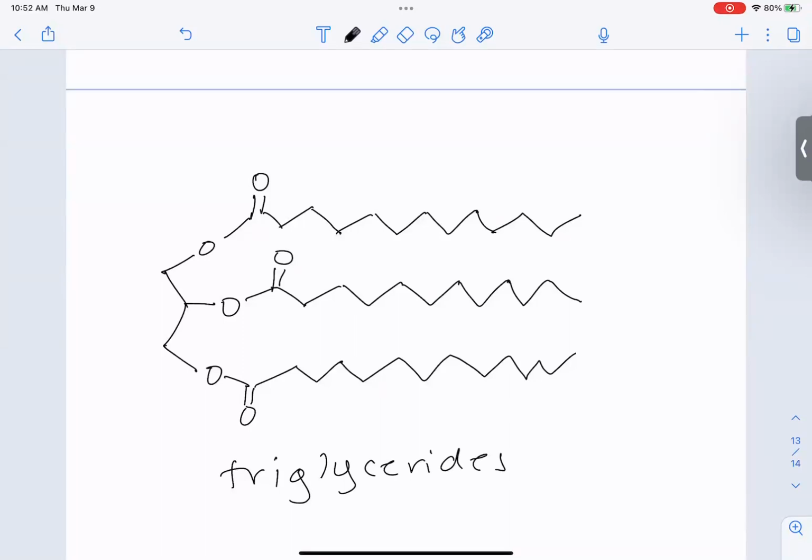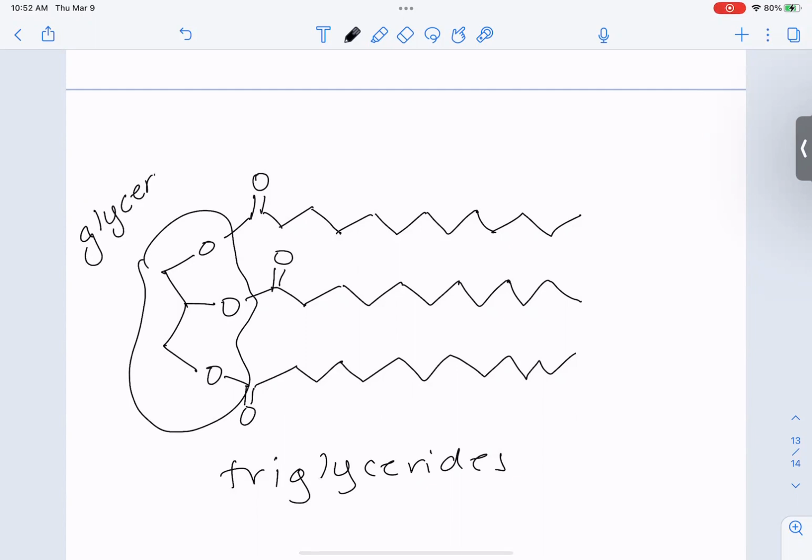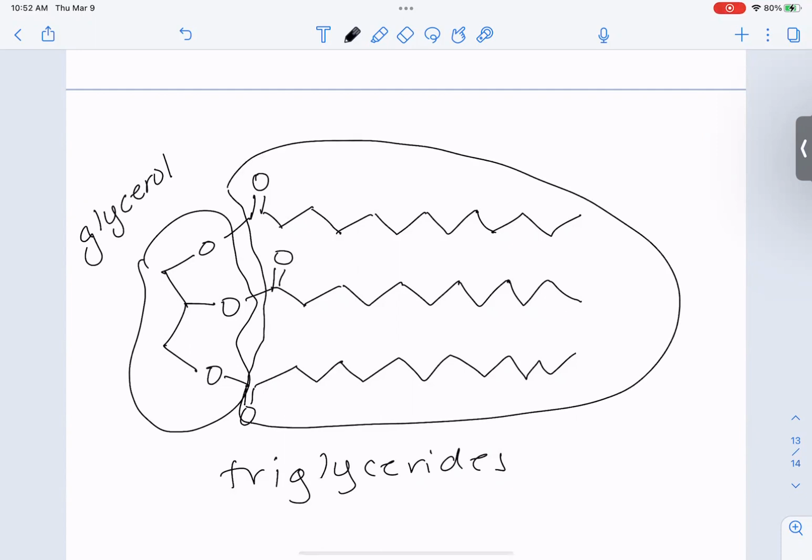So here you have glycerol, and here you have your fatty acid chains. These are simply esters.